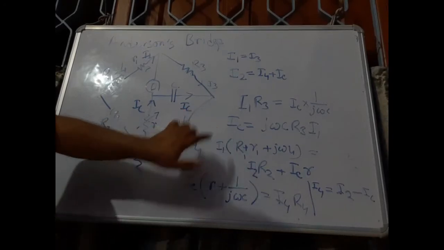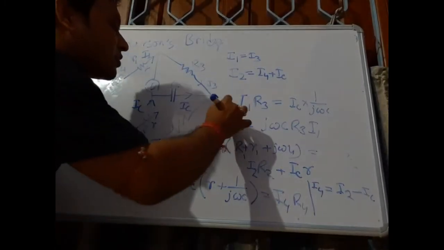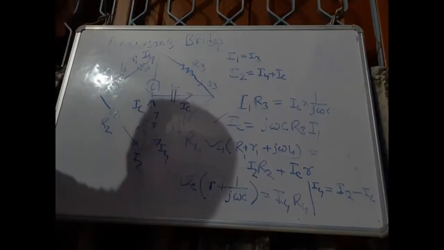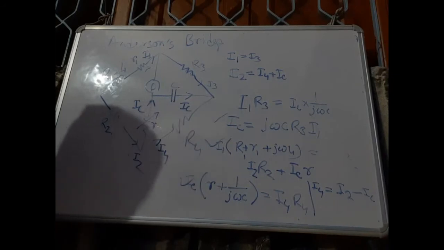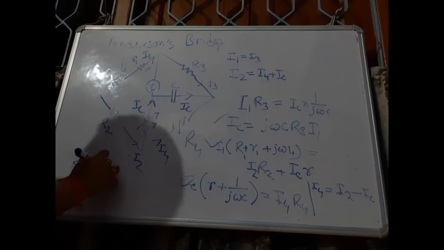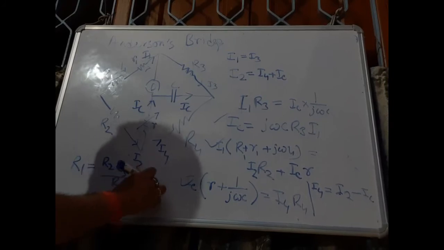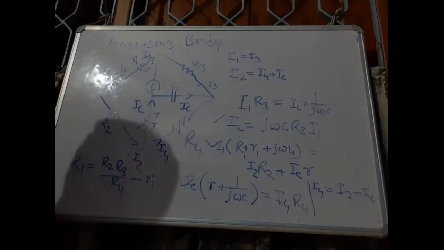If I solve these equations, we will get the unknown resistor R1, which is equal to R2 R3 by R4 minus this small r1.